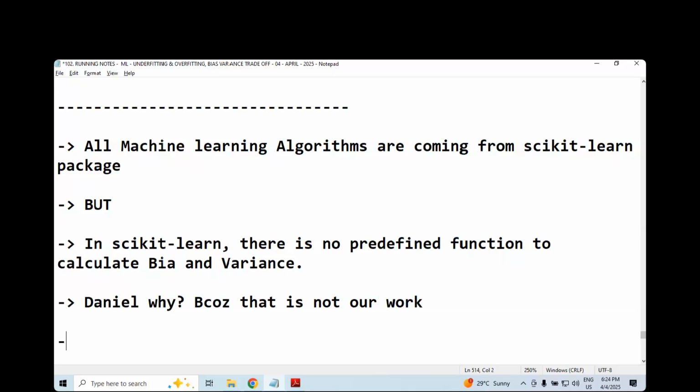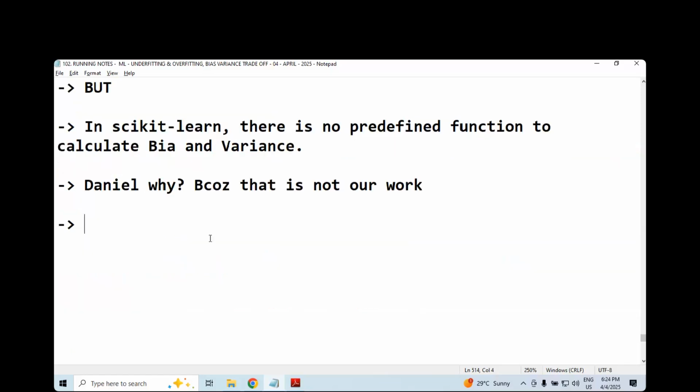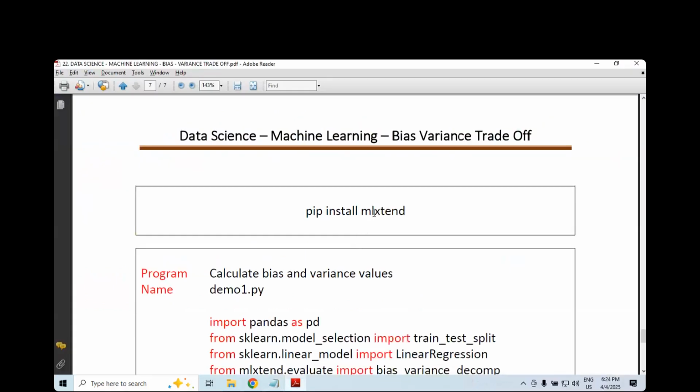Then there was one person who is an expert in machine learning. He created a separate library. If you have created a model and you wanted to see the bias value and variance value, you have to install that library, and by using that library, you can cross verify the bias value and these other values.